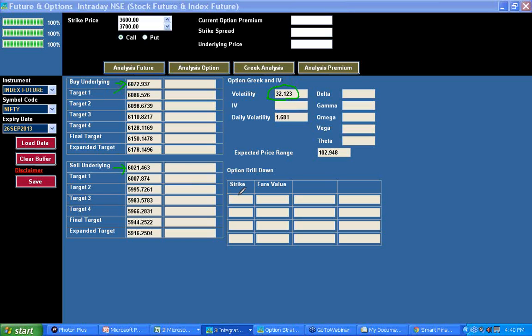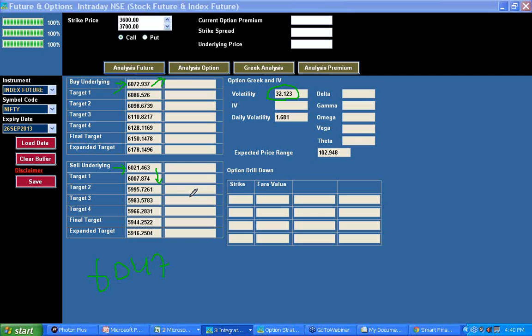Currently it may be trading at 6047 because the market is not there, so we are at 6047. Once it moves above 6073, I'll think of buying a call option or selling a put option. Once it falls below 6021, then I'll think that the trend is against me, then I will be thinking of buying a put option or selling a call option.